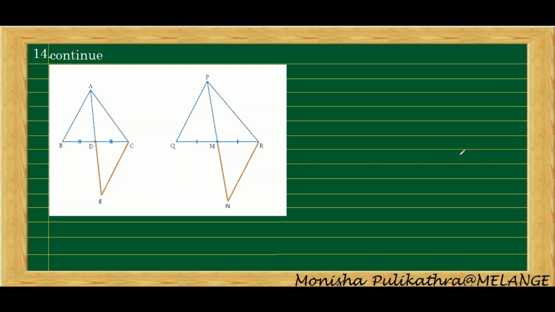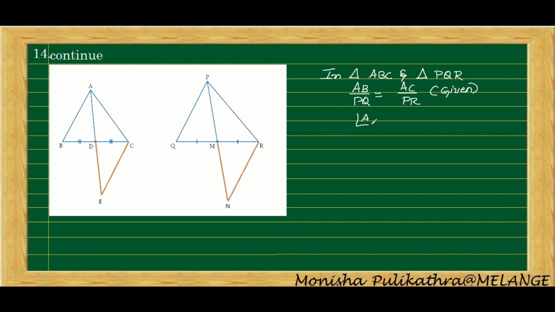So the 14th question continues. Finally we need to compare triangle ABC and triangle PQR. In triangles ABC and PQR, AB by PQ is equal to AC by PR, which is given in the data itself.